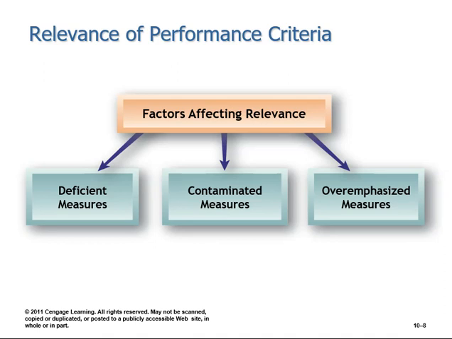If a measure is deficient, that means it's not really appropriate and it should not be used to evaluate employees by. It just doesn't capture the information that's necessary. You should ask yourself a second question. Is the measure contaminated? This means that it's influenced by other factors that the employee may not have been able to control. So while it is useful as evaluation criteria, it's contaminated. It's not exactly a fair measure.